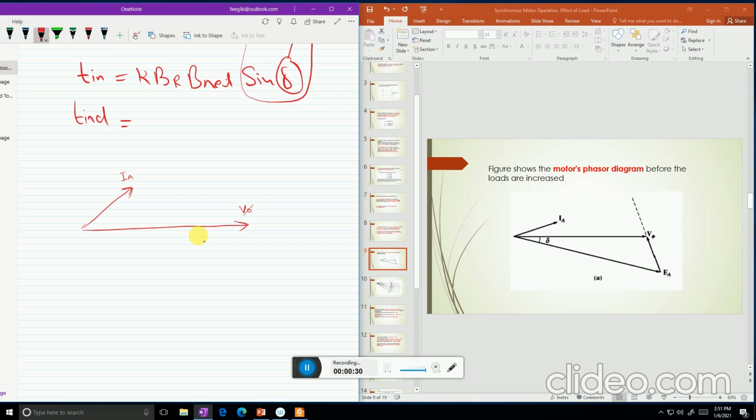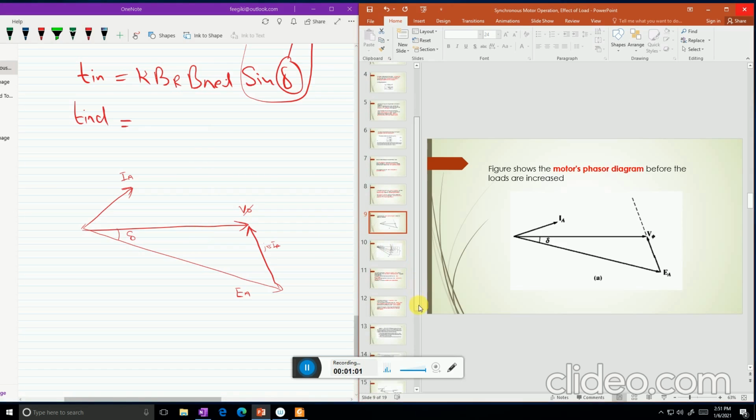This is V phase, this is EA, and this is jXS IA. This phasor diagram we already derived in the previous lecture. The angle between V phase and EA is delta. This is the phasor diagram at no load.